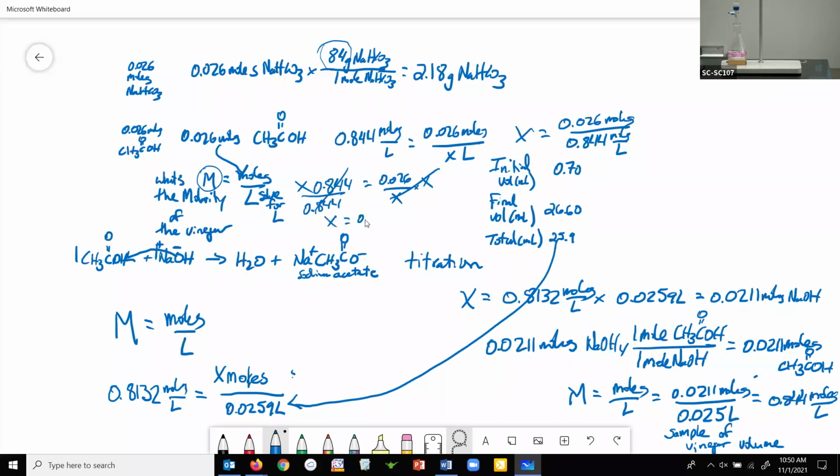X is equal to 0.026 divided by 0.844, which equals 0.031. That's liters, because my moles cancel. 0.031 liters or 31 milliliters.